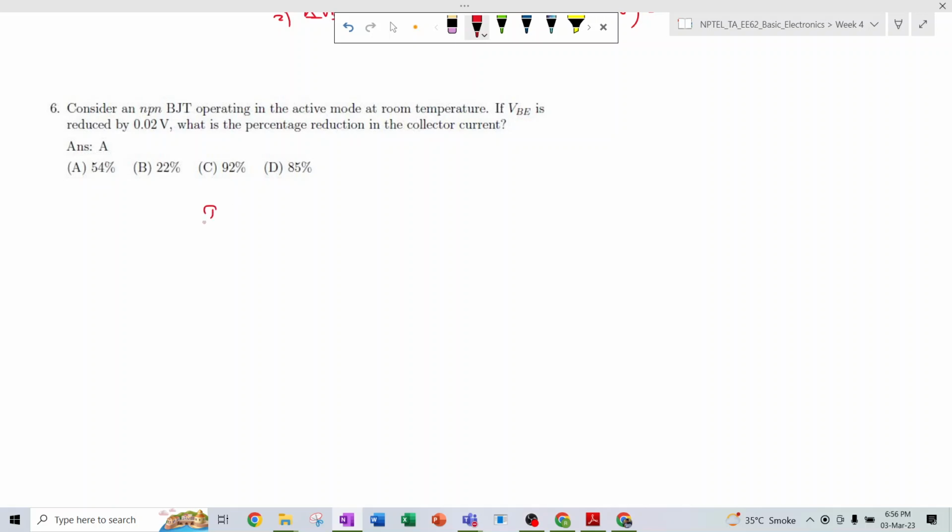So the same equation we can write, IC is nothing but IS e to the power VBE divided by VT. So IC1 is Is e to the power V1 by VT, and IC2 is Is e to the power V2 by VT.